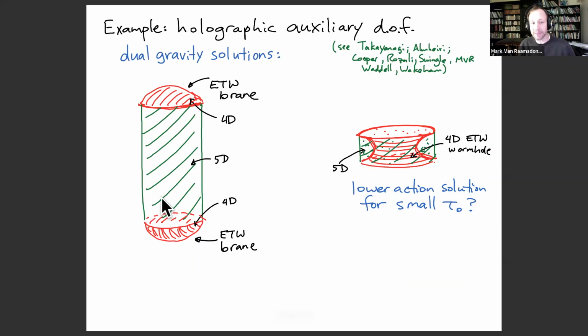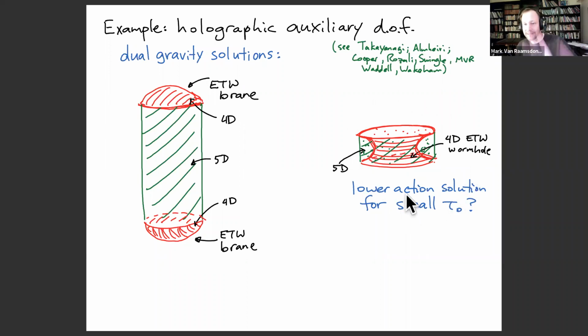One possibility is that it looks like this, which is like some of the AdS cylinder with caps on the end. So that's a disconnected end of the world brane. But another possibility is that this end of the world brane actually connects from top to bottom. And so the green region is still asymptotically AdS, but then as you go in the radial direction, you get to this end of the world brane.